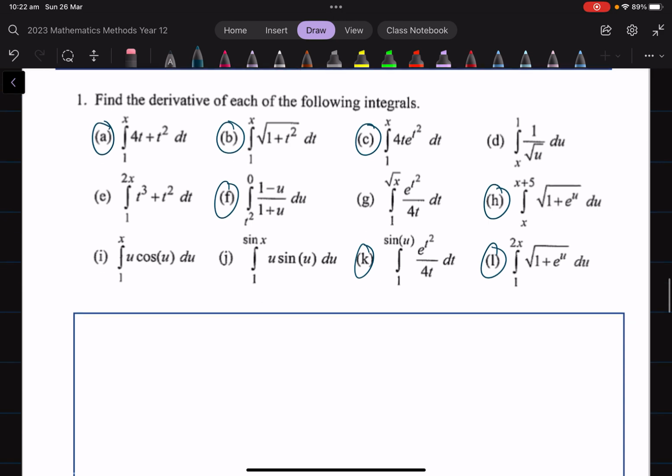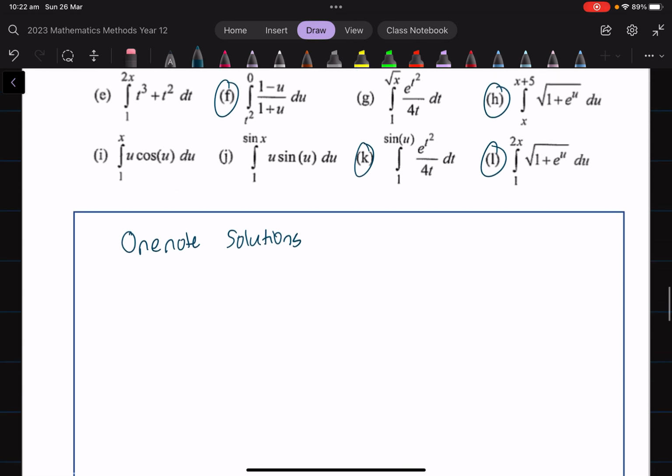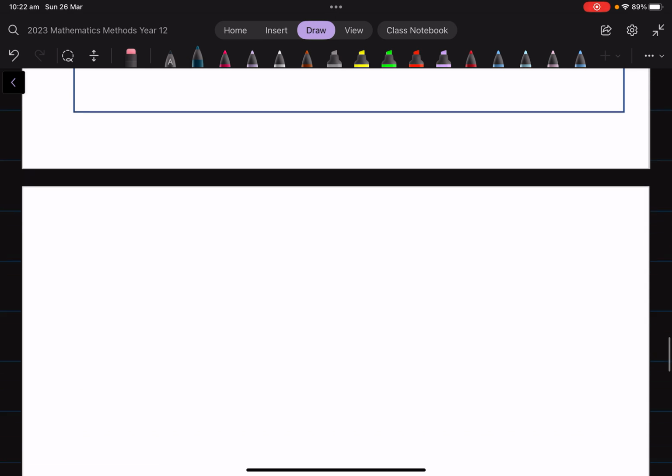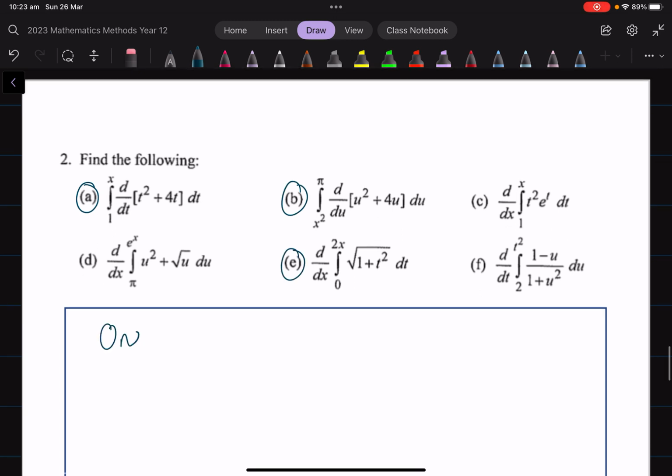But give them a try and then check on OneNote for my solutions. I won't go through each of the questions right now. And the ones on the back page that I would like for you to do are A, B, and E. Again, check OneNote for the solutions in the content library.